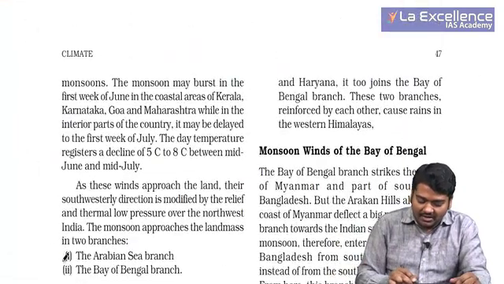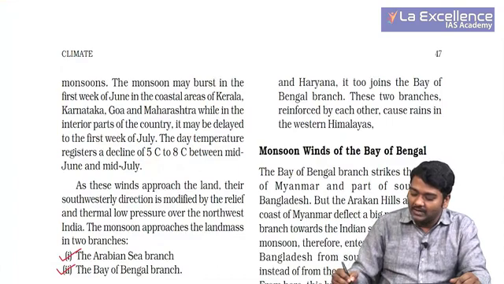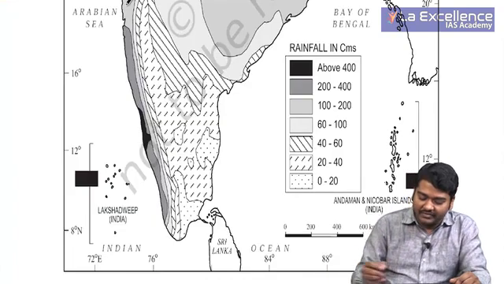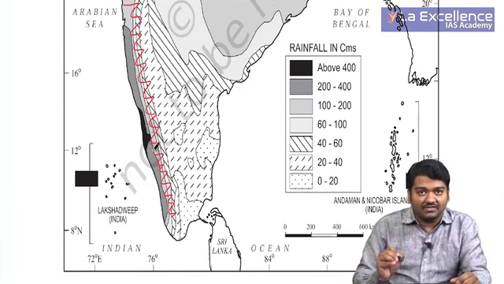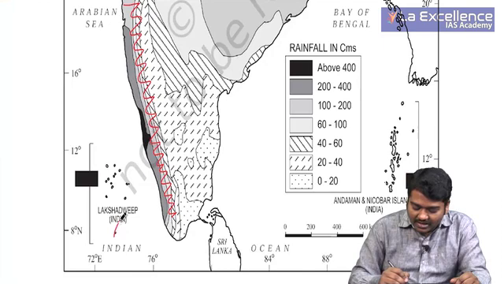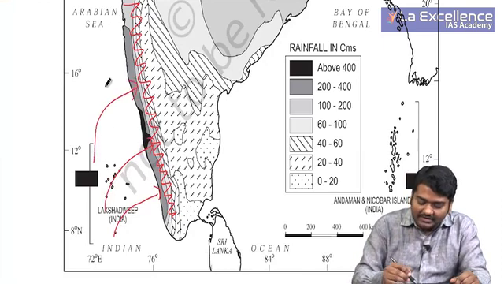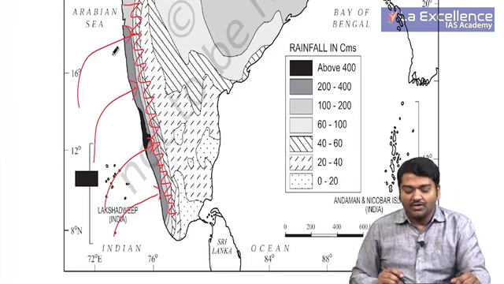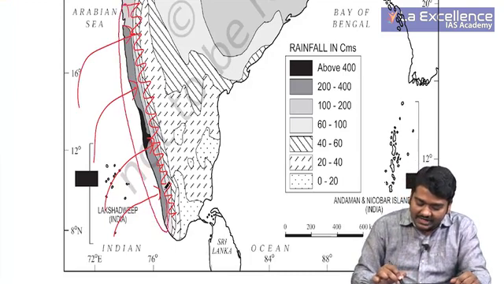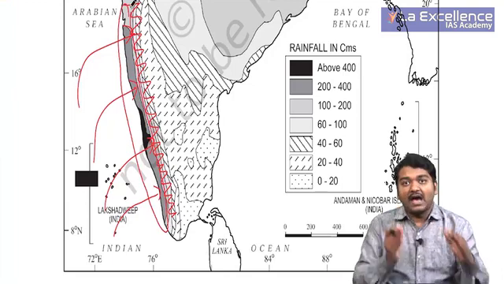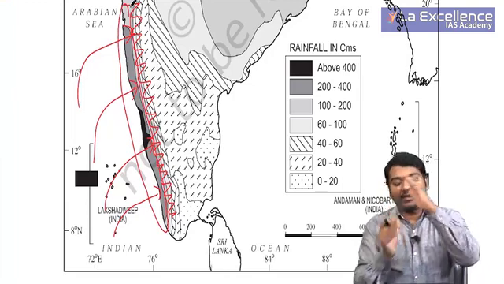And here they try to explain in detail about the Arabian Sea branch and the Bay of Bengal branch. Before that, let me first explain what exactly they want to talk about here. You know that there is the Western Ghats here. Winds usually come and hit the Western Ghats, and whenever they hit, they give rainfall on the western side of the Western Ghats, because as the clouds rise, they give rainfall.